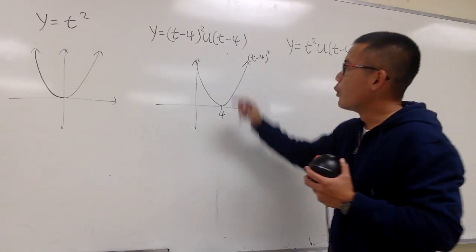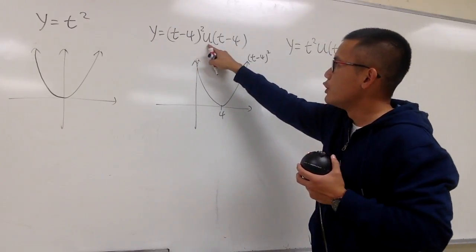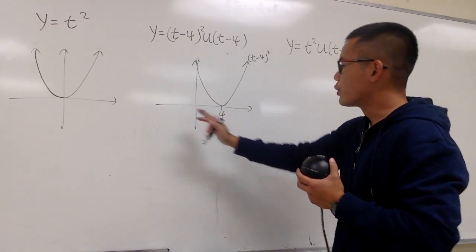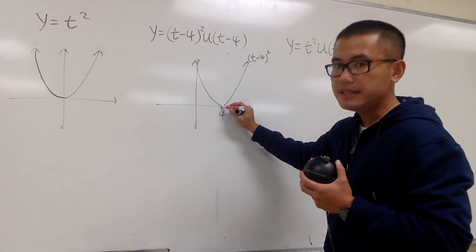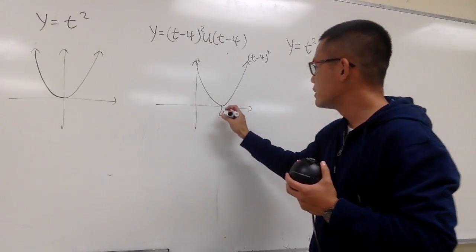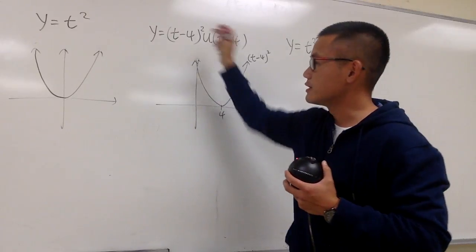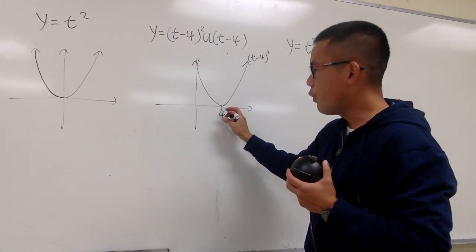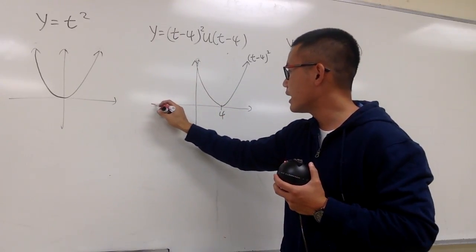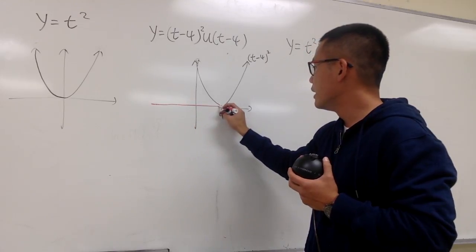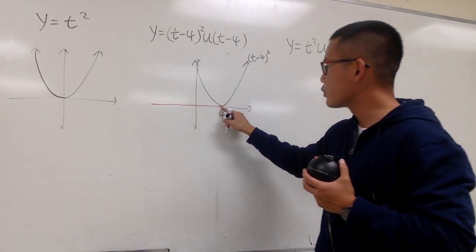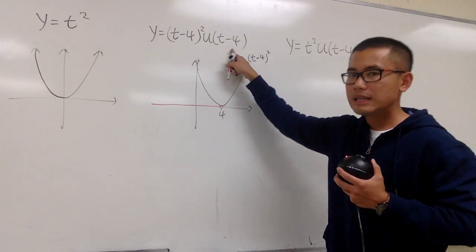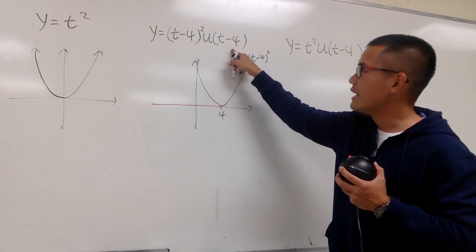Here's the deal. When you want to multiply a graph by u of t minus 4, you go to 4. Anything before 4, it becomes 0. So the red one is going to be the graph for this, okay? Anything before 4 will be 0, so you have a horizontal line, a 0 right here. And you technically have to open a circle right here because when you have the unit step function, it's not defined at exactly 4.